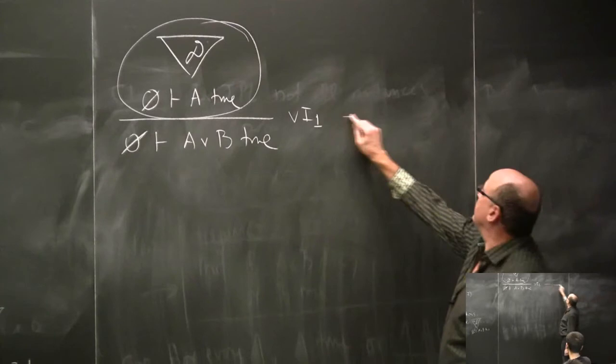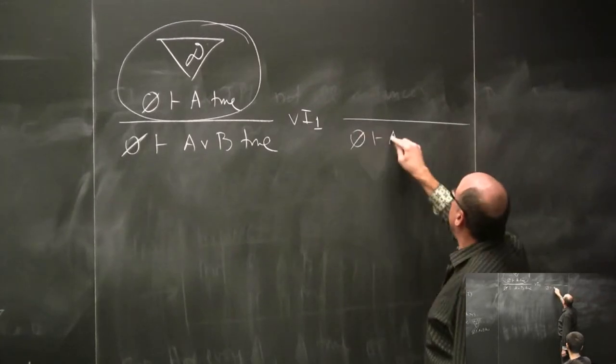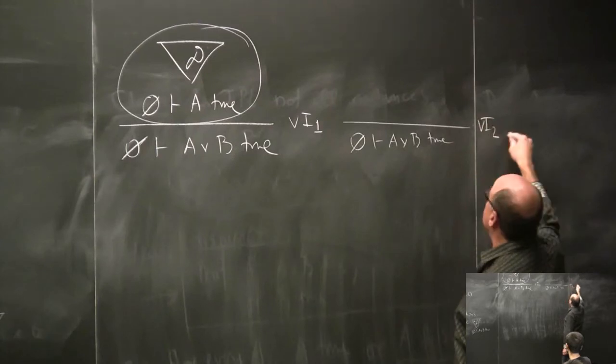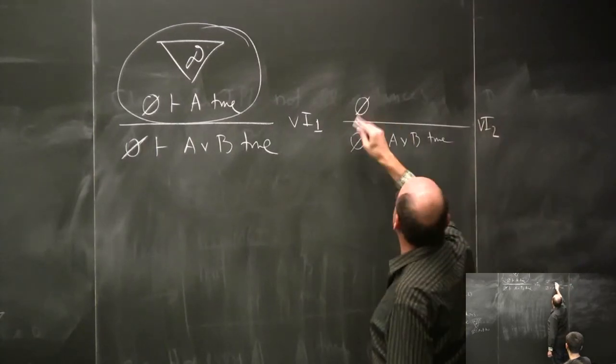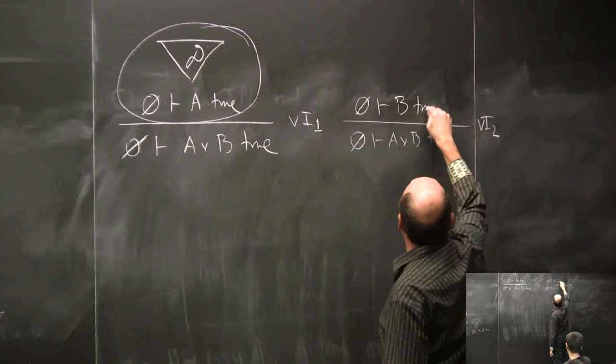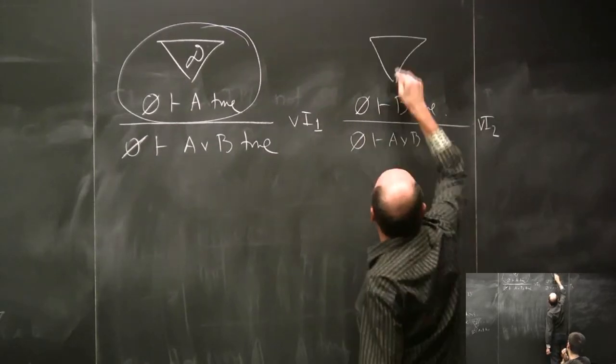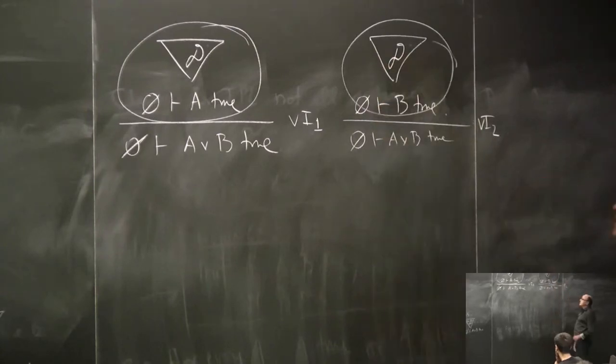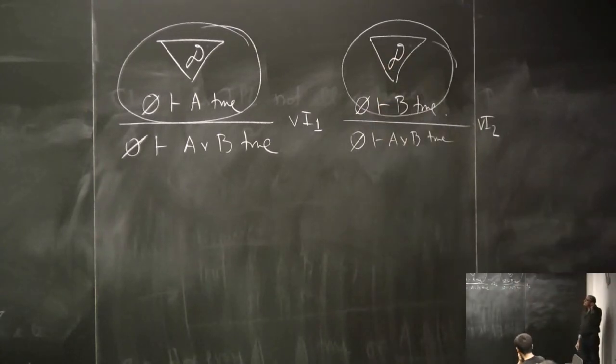Or with I2, the premise of that rule is literally exactly B is true, and that must have some derivation. This is the one I want, so I extract that. You start to feel a little optimistic, because you think, I see, this makes some sense.